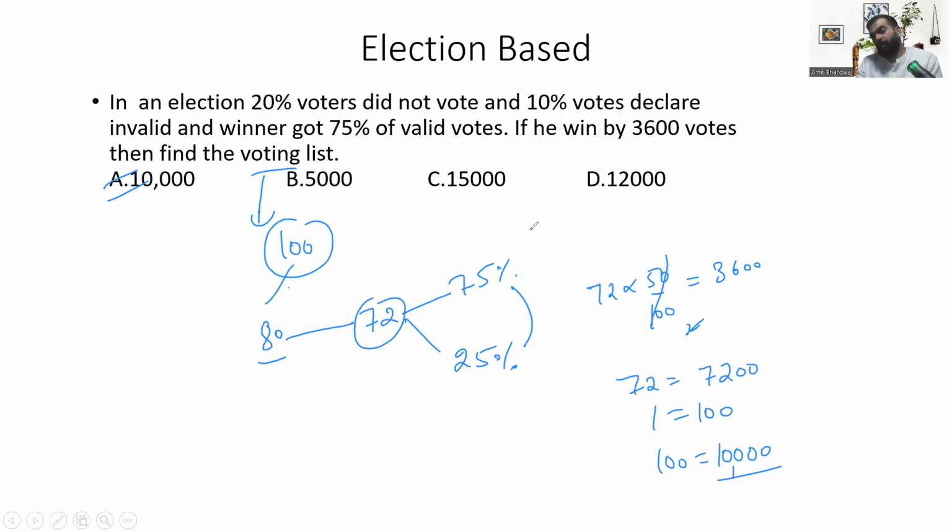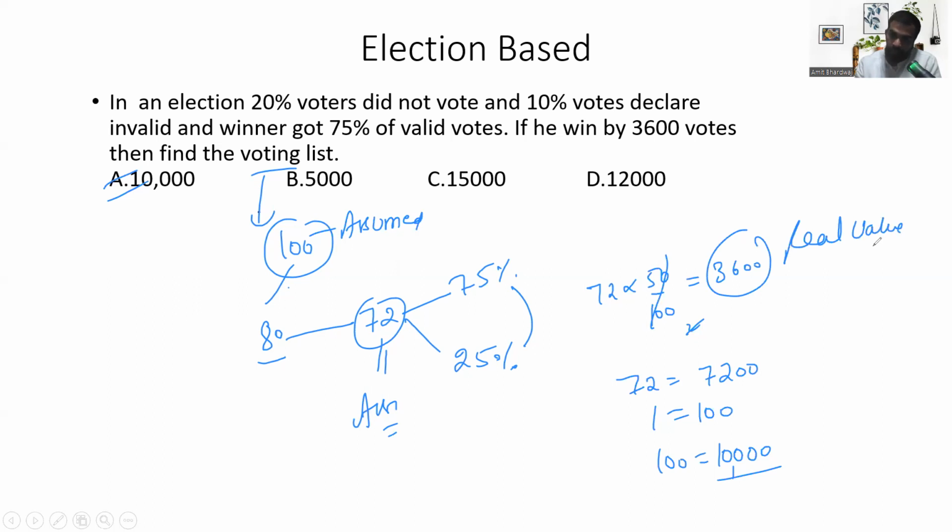We are just comparing because this is an assumed value, not the real value. We assumed it, and this is also an assumed value. Now we are comparing the assumed value with the real value. So assumption equals real value, and we can easily find the answer. Now let's move toward the next question.